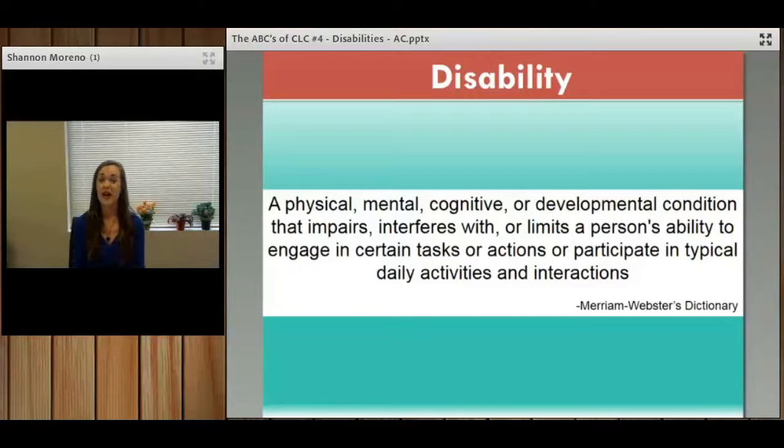So I mentioned before that most of society in general does take the medical model, looking at the Merriam-Webster's dictionary here, that disability means that there is some sort of impairment or kind of infringement on someone's ability to do something. There are folks living with disabilities who see their own disability that way as well.